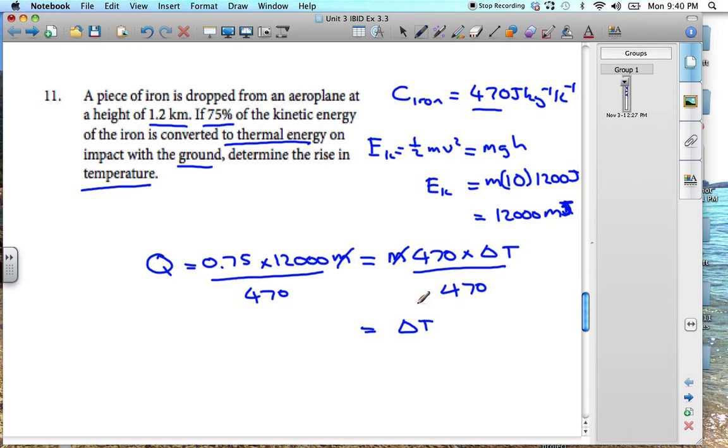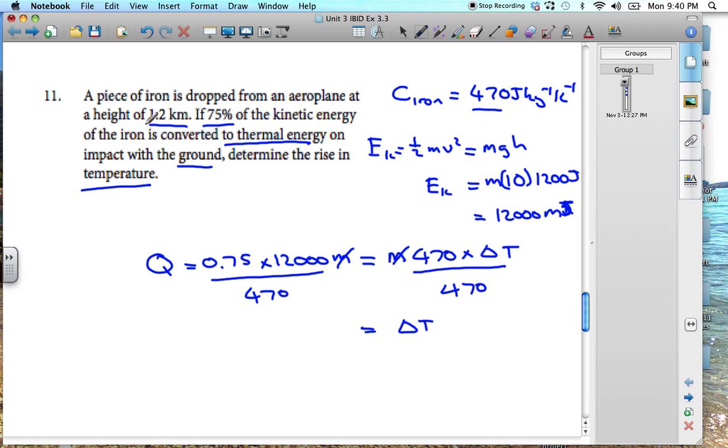So I'm going to get brackets 0.75 times 12,000. That's a pretty easy number to work out, but anyway, I'll just do it in the calculator, and divide it by 470, and we get 19.14.